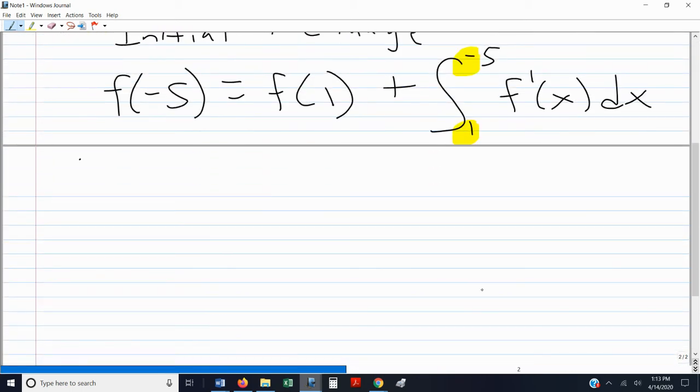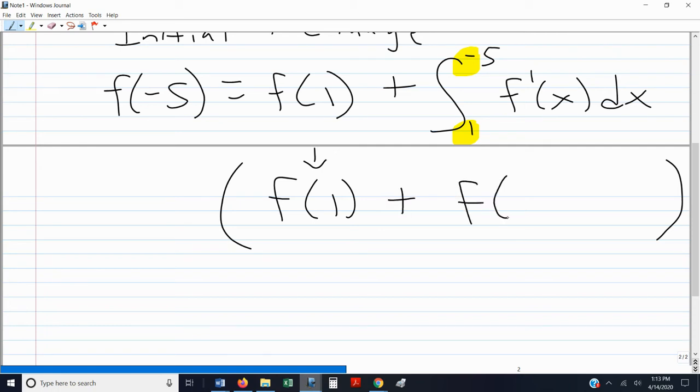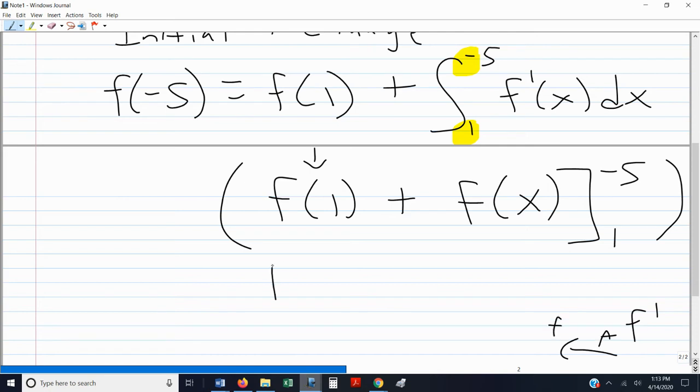And I'm going to just, in parentheses, tell you why this makes sense. This makes sense because we have our f of 1 that I'm bringing down, plus sign. The antiderivative of f prime is f of x. Right? The antiderivative of f prime is f, and you would have your bracket 1 to -5.